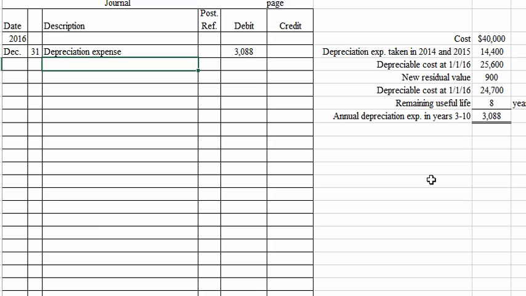And then we're going to credit the contra asset account to increase its balance, accumulated depreciation - computers, for $3,088 as well. All right, that's requirement 1.